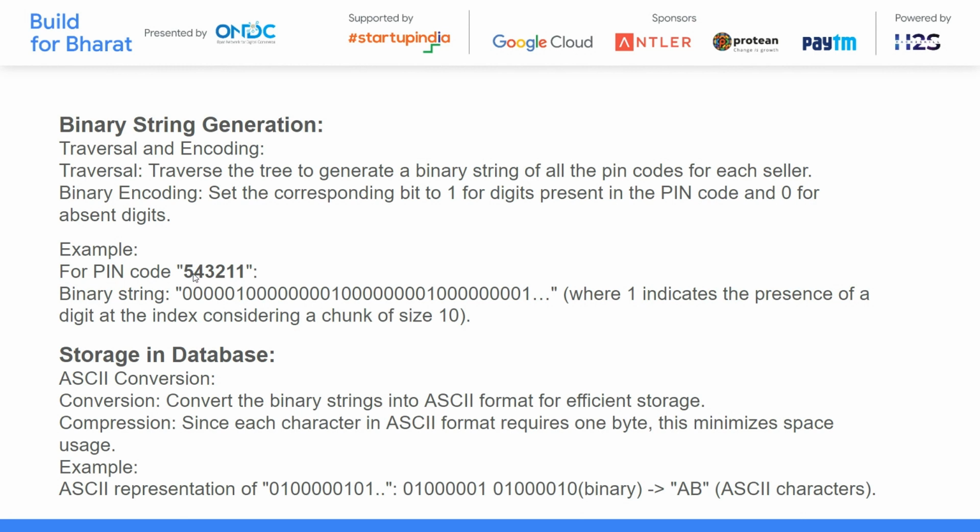So this represents that the first level of the tree has only one digit, that is 5, and the consecutive zeros will represent what other digits are present. We will mark the fourth index and third index of the string of length 10 as one, and the rest of the digits will be zeros. So this is how the binary string will be generated.